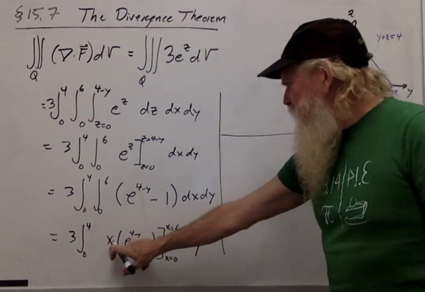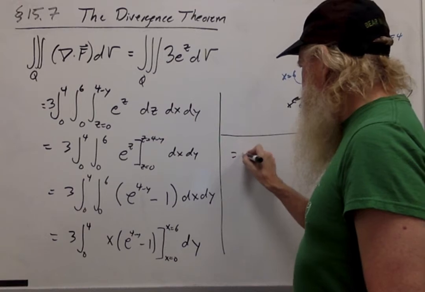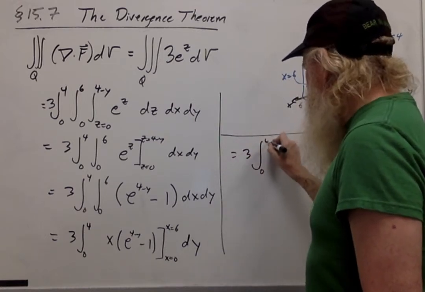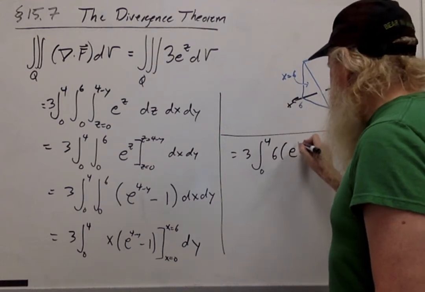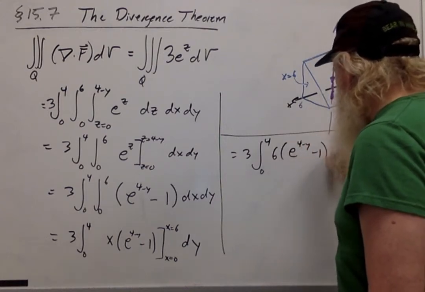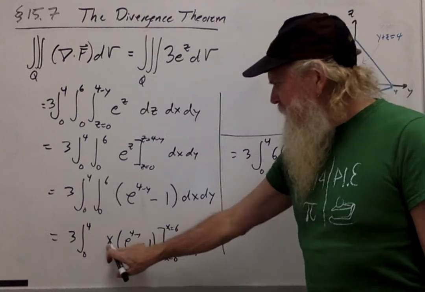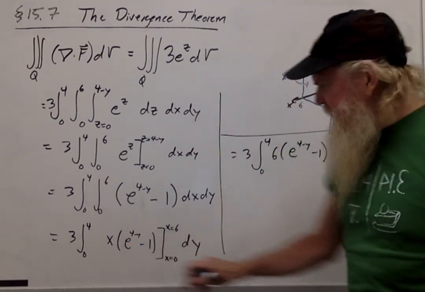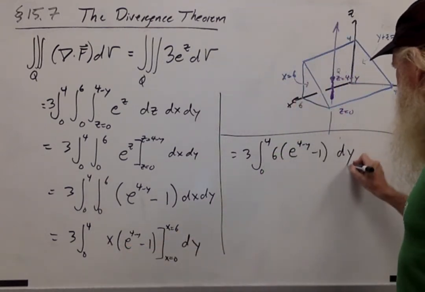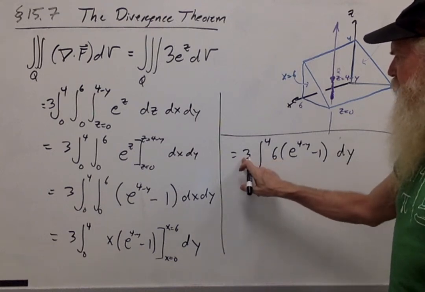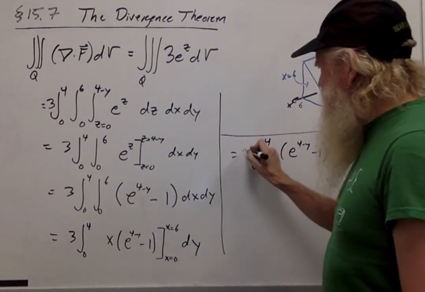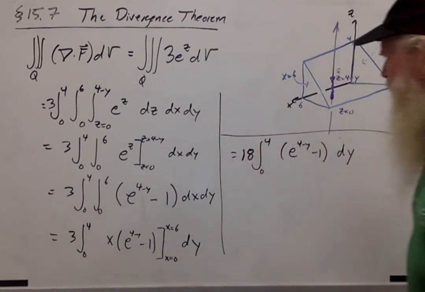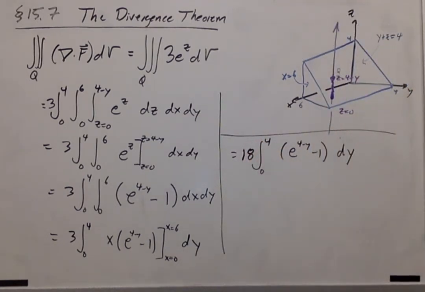Plugging in the endpoints and subtracting, first of all, I get 6 times e to the 4 minus y minus 1, minus, this time when I plug in x equals 0, I do get 0. And I can factor this 6 in front and multiply it by the 3 to get 18 out here. So I have 18 times the integral from 0 to 4 of e to the 4 minus y minus 1.